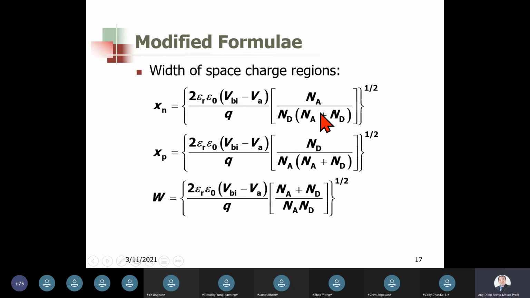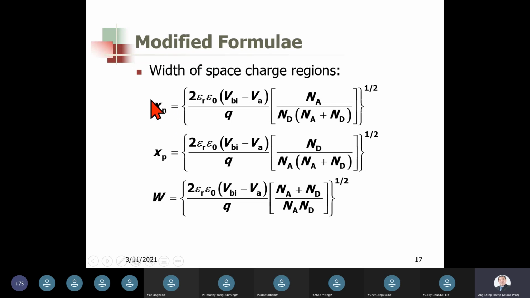So just to give you some examples, this is how we can modify some of the equations. For example, we earlier derived the width of the space charge region, xn naught, the width of the space charge region in the n region under thermal equilibrium. Now, under external voltage bias, we no longer write xn naught, we write xn.